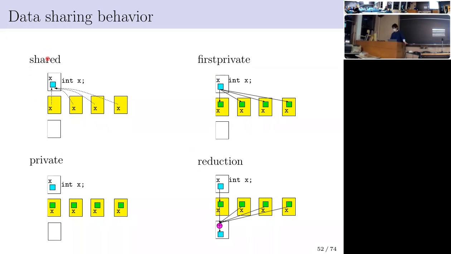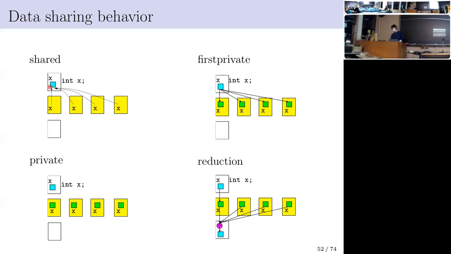The difference between them can be illustrated like this. When you say X is shared, or do not say anything, then you have only one copy of X, and no matter which thread refers to X, it accesses the same location.